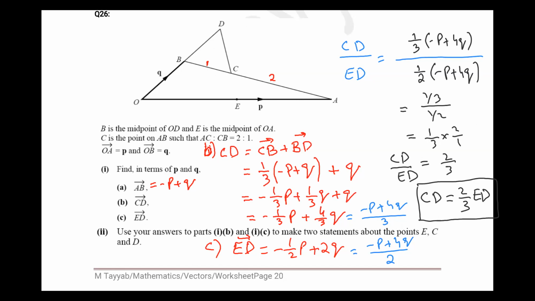So once you have written that one vector is k times another vector, now you can write the statement. One statement is C, D, and E lie on a straight line. They are collinear. Or second statement is about their lengths. Mean the length of CD is 2/3 of the length of ED.